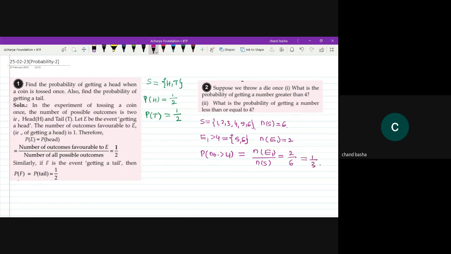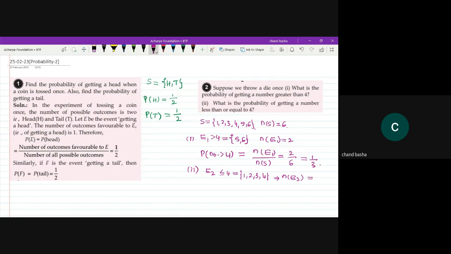First point, what you said, it is absolutely correct. I can go for the second point. What is the probability of getting a number less than or equal to 4? So E2 be an event of getting a number which is less than or equal to 4. Less than or equal to 4 means I can take 1, 2, 3, 4. So if I'm taking the cardinal number, we can just count it.